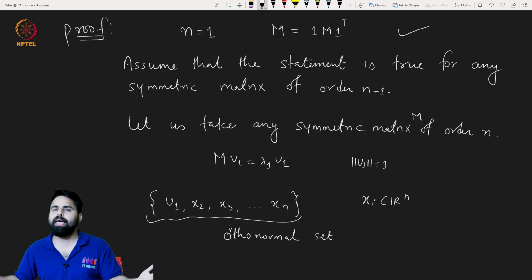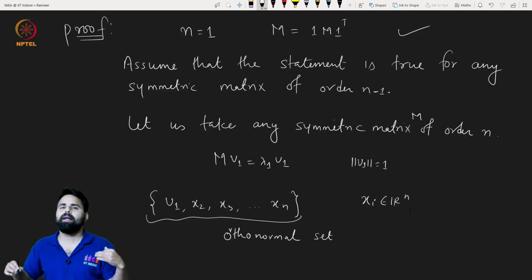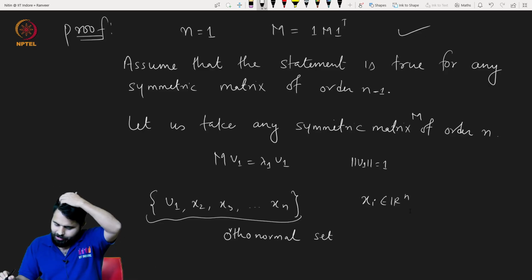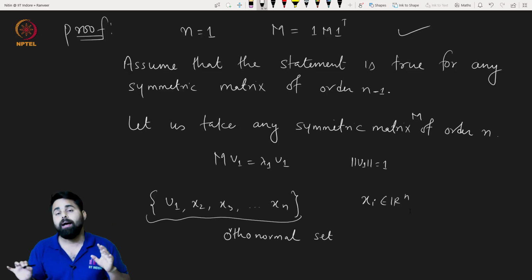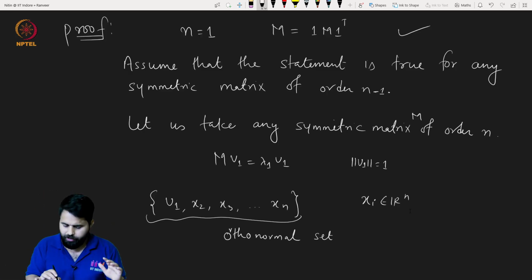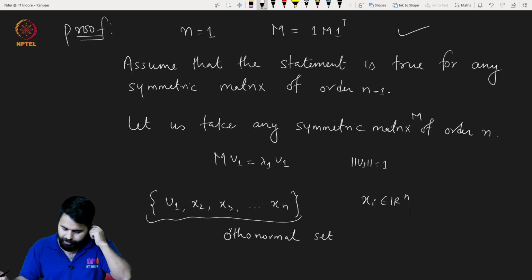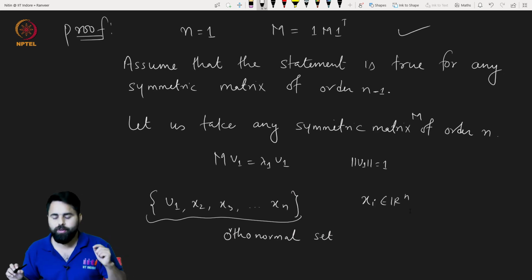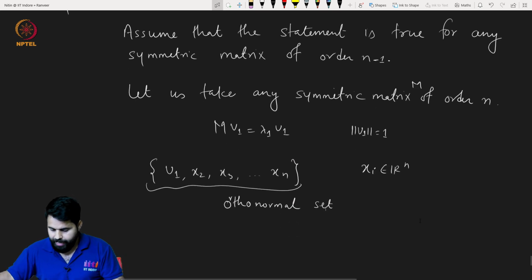In Rn there are many orthonormal sets, so I am choosing one. But the first vector I am by default choosing as an eigenvector corresponding to lambda 1.